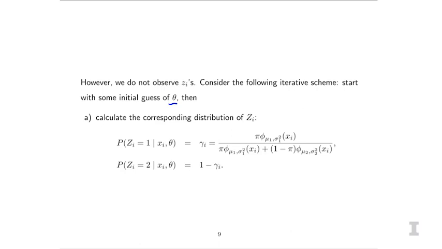Given the value of xi, what is the chance that zi is from the first component? The calculation is very much the same as the calculation we did in week 1 when we do classification. And similarly, we can compute the probability that zi is equal to 2.